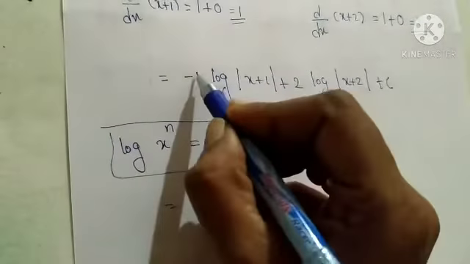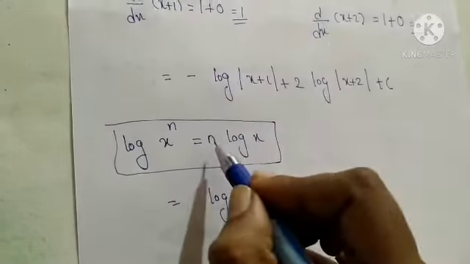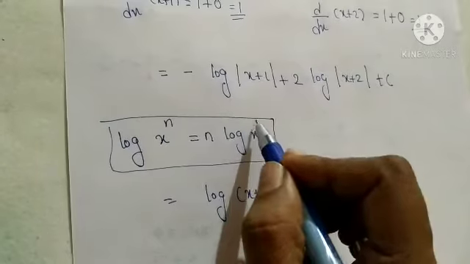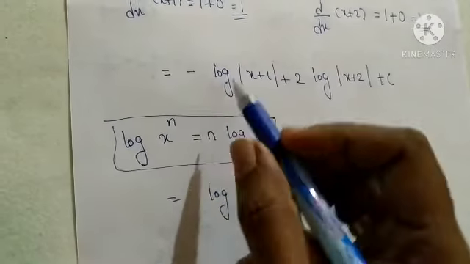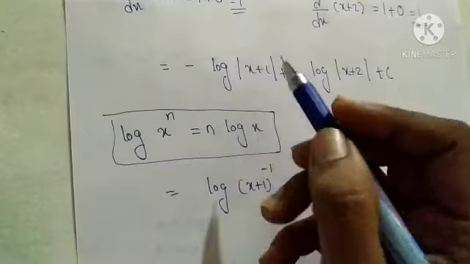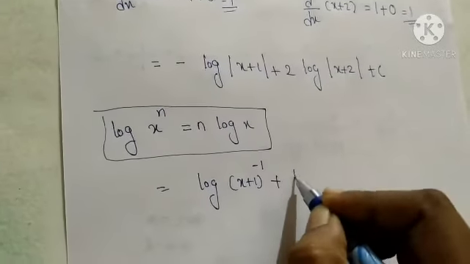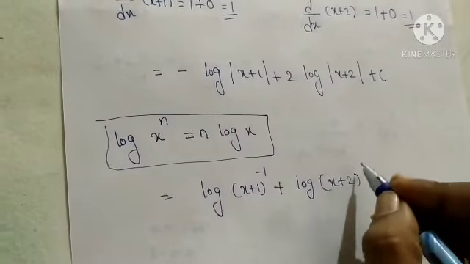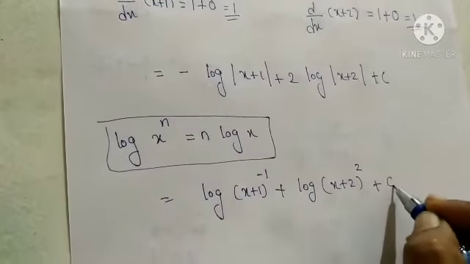This minus 1 goes to the power. Log x raised to n can also be written as n log x. Similarly, minus log mod x plus 1 can also be written as log x plus 1 whole raised to minus 1, plus this 2 comes to the power of 2, plus c.